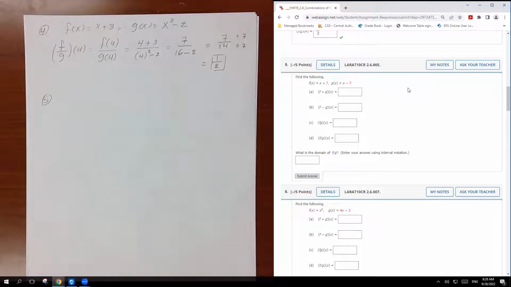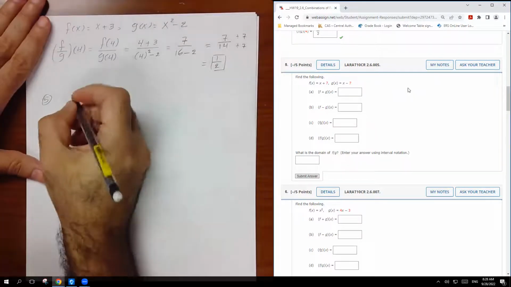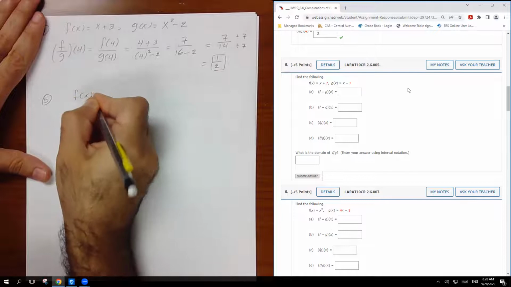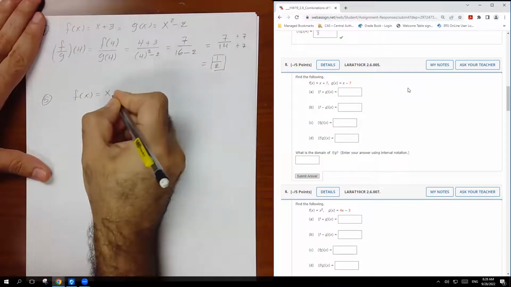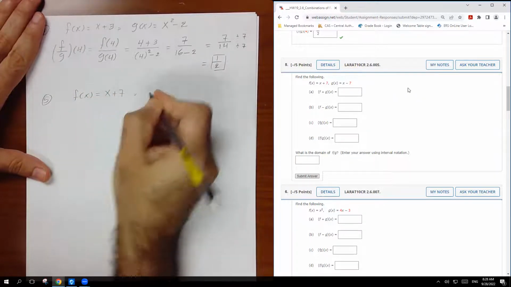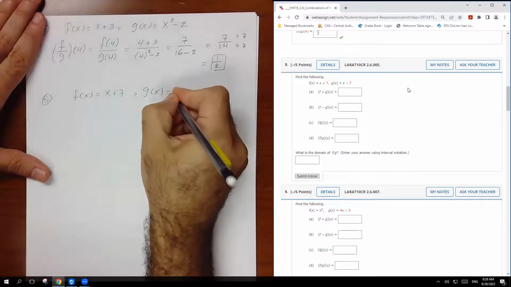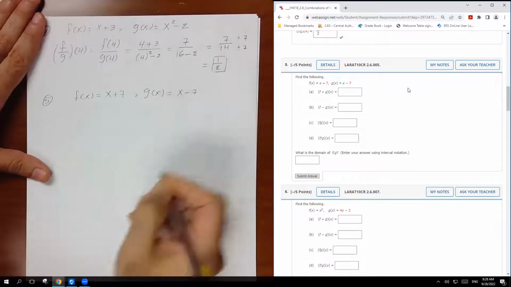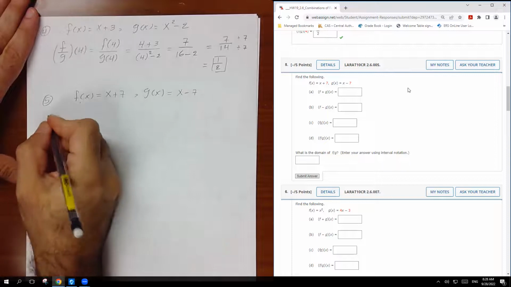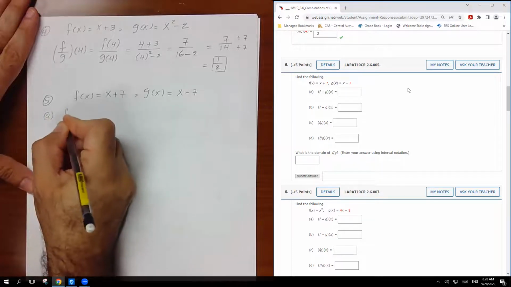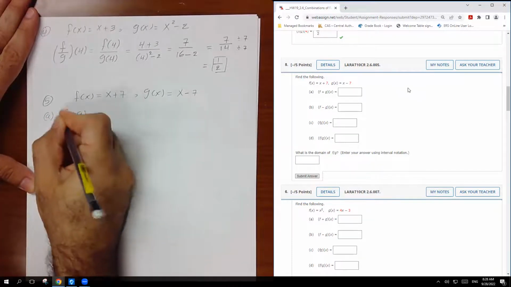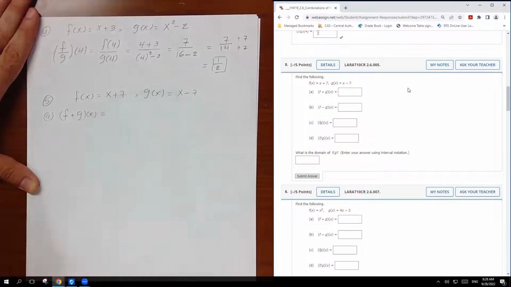For example, here's 5. We have two functions, x plus 7 and x minus 7. So let's check. Sometimes the result is going to be just a number, like for the previous examples. So for A, we need to find (f plus g)(x).